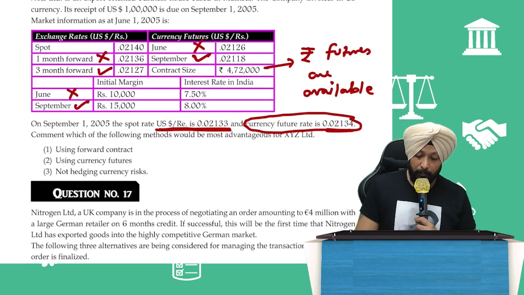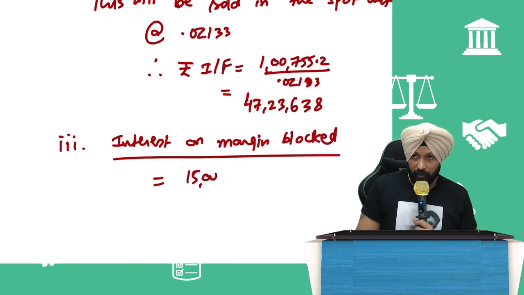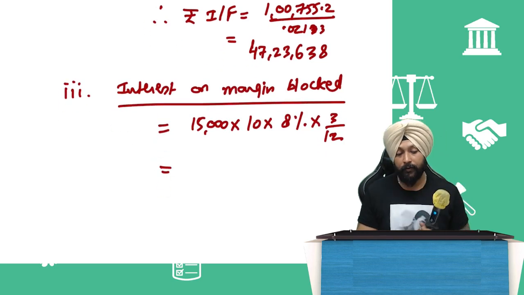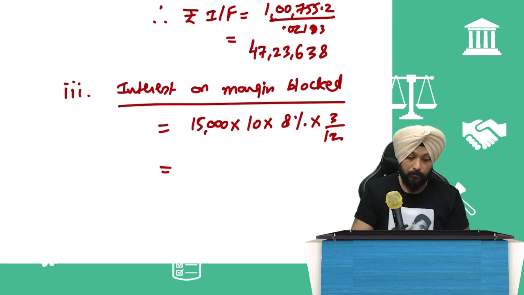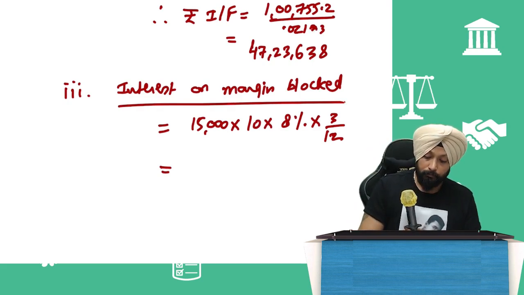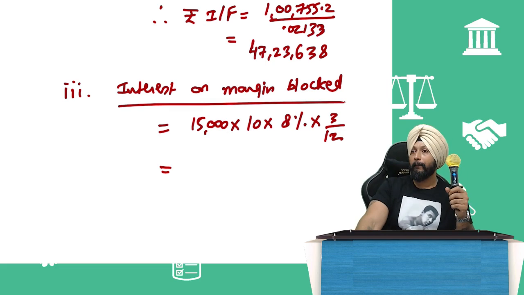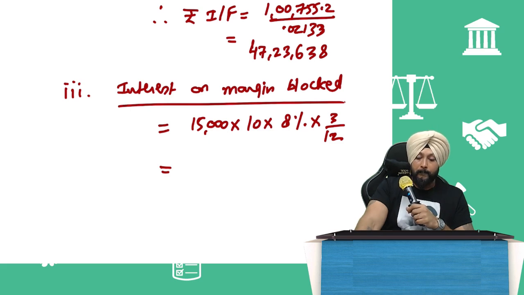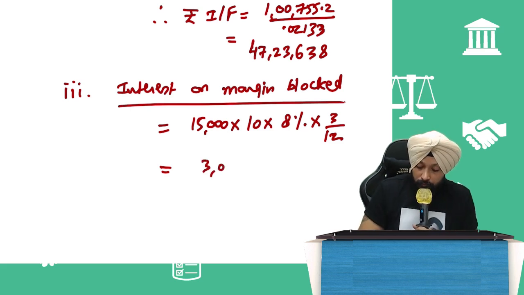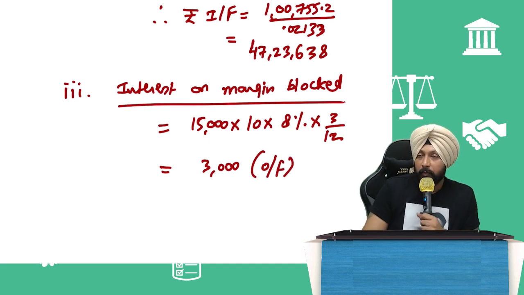The margin needed is 15,000 and the interest rate applicable is 8%. 15,000 into number of lots, 10, into 8%, into validity of the contract, 3 months, 3 by 12. Interest on margin blocked is 3,000.